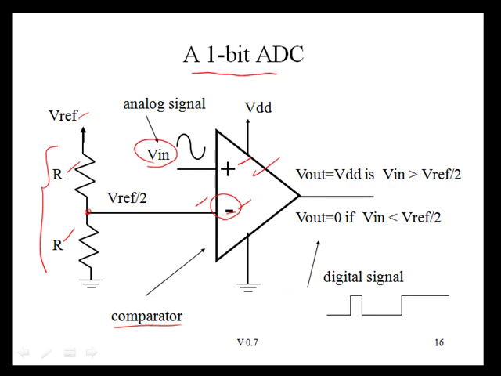So what a comparator does is that its output is going to be high. That is, it's going to be whatever the power supply is, VDD, if the positive terminal voltage is greater than the minus terminal voltage.